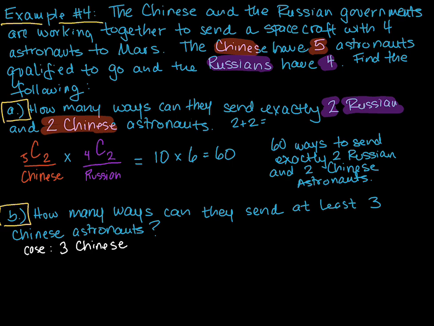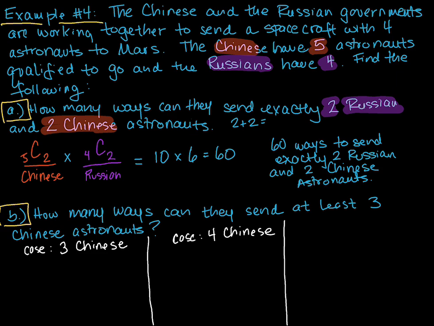At least 3 means 3 is the smallest number, well, they could send 4 Chinese. Can they send more than 4 Chinese? No, because they can only send 4 total. So these are the 2 cases, and then we're going to add them up.